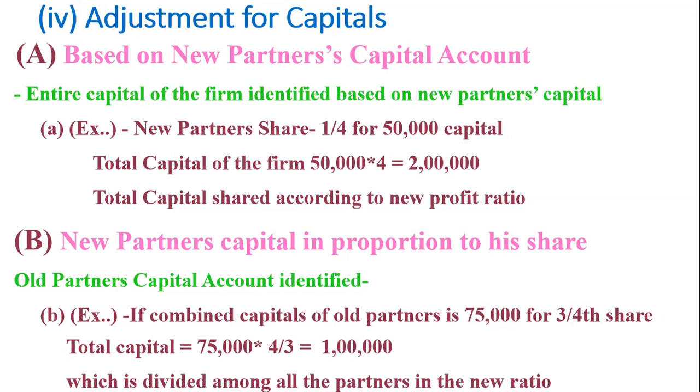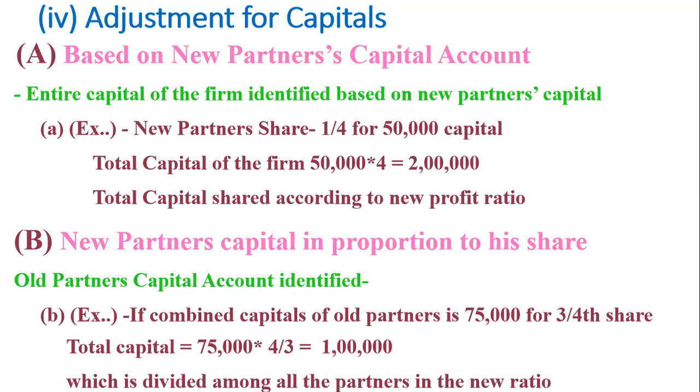So 4 into 50,000, 2 lakh is the capital of the firm. By taking out the new partner's share of 50,000, we get the remaining partners' share as 1,50,000.